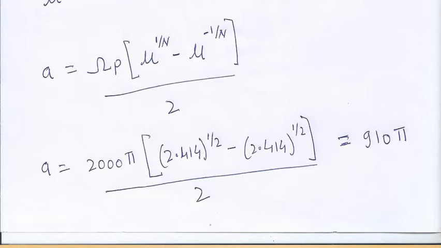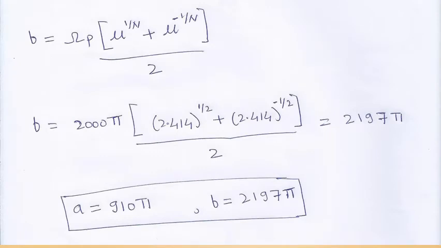A equals omega p into mu raised to 1 by n minus mu raised to minus 1 by n, the entire term divided by 2. Once we substitute the values for omega p and mu in the equation for A, we get the minor axis as 910 pi.